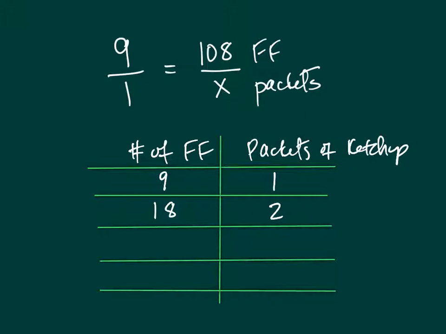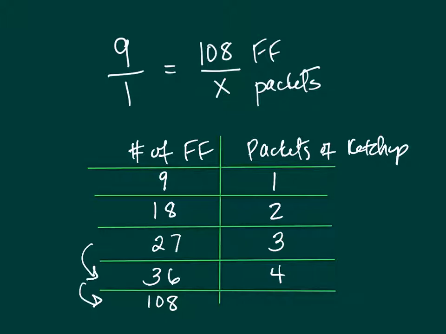If I add 9, so I have 27 French fries, this is going to be 3 packets of ketchup. If I have 36 French fries, I'm going to have 4 packets of ketchup. So what we need to do is keep doing this chart until we get to 108. How many times is that going to be?